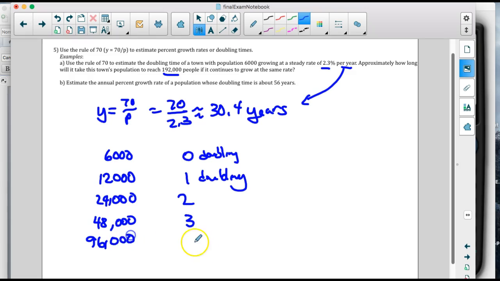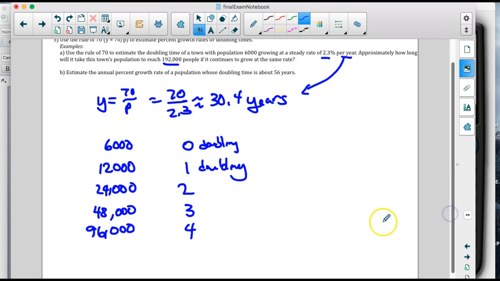96,000 for 4 doublings, and then 192,000, which would be 5 doublings, because that's what we're looking for, 192,000. So it takes 5 doubling times, so it'd be 30.4 times 5 to get the number of years.